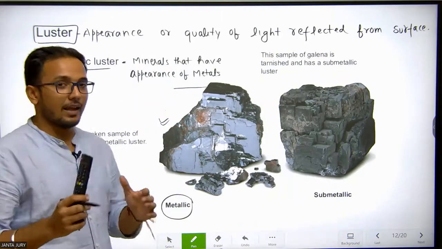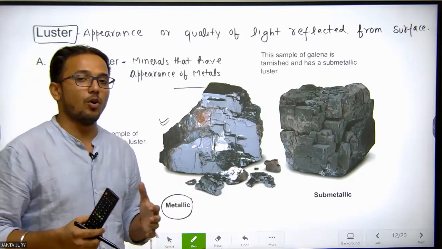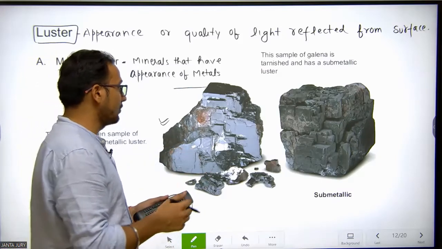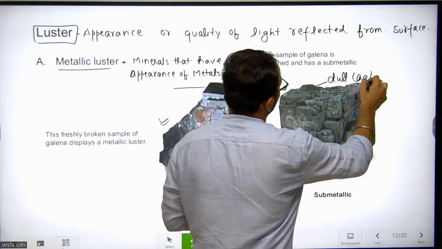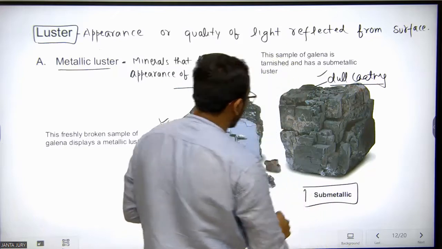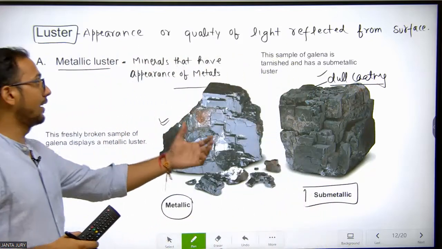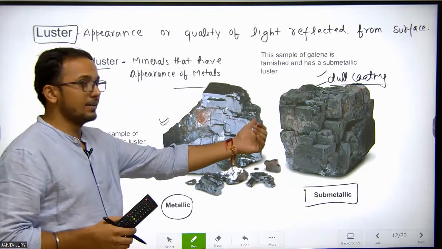But when galena is left in the environment over time, because of corrosion or weathering, it gets a dull coating, and because of that dull coating it has a submetallic appearance. So minerals also show a submetallic appearance even though they are made of metals.